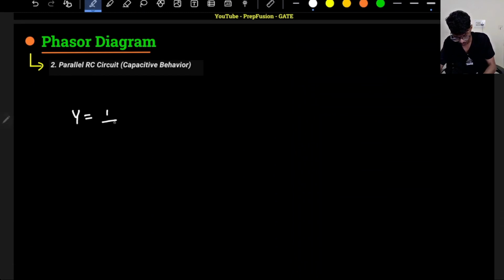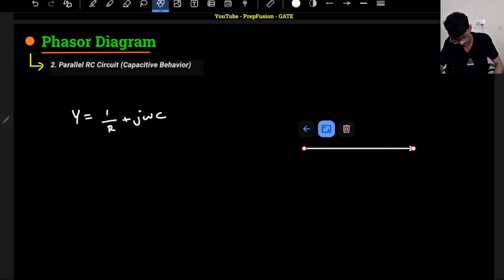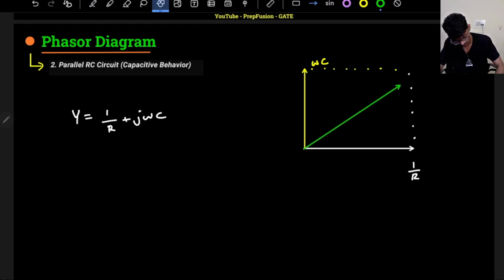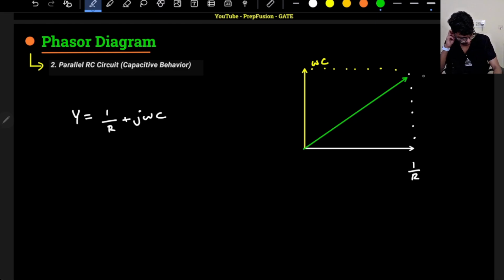Admittance is 1 by R plus j omega C. So this will be my 1 by R, this will be omega C, and this will be basically 1 by R, the admittance.